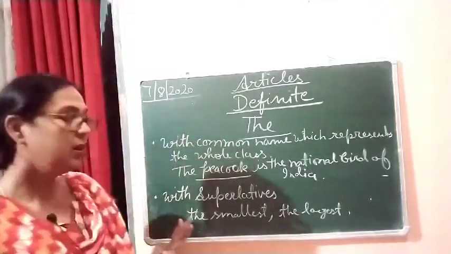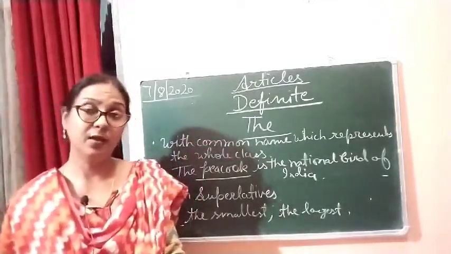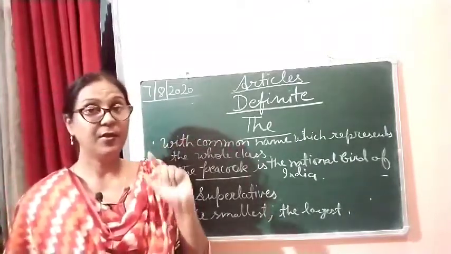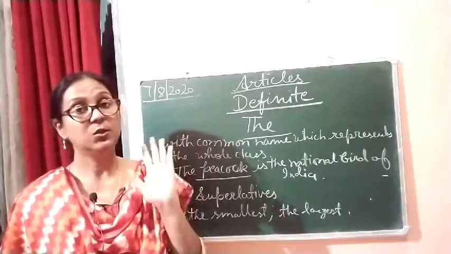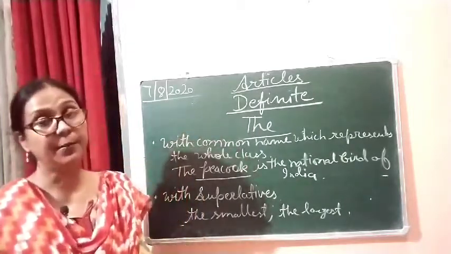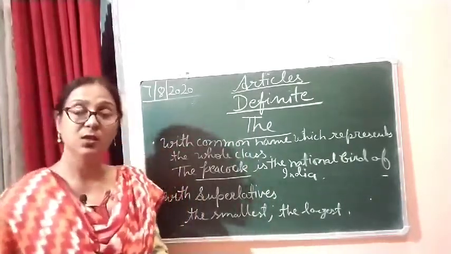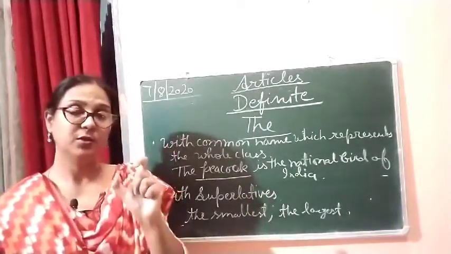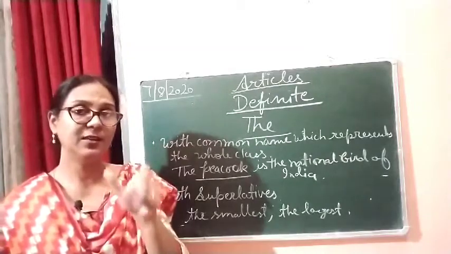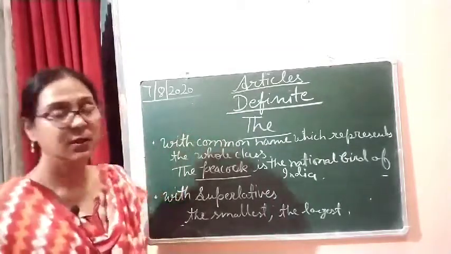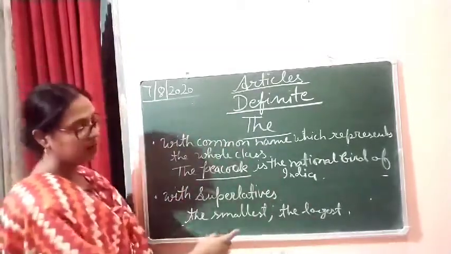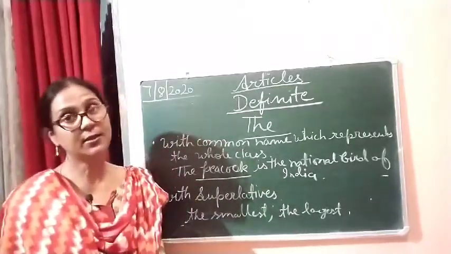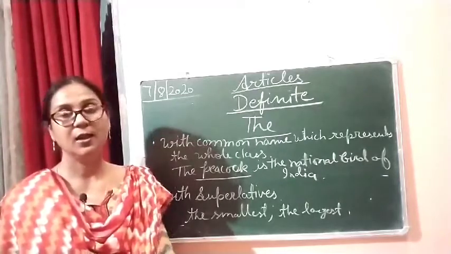Now we are moving to the uses of the with superlatives. Whenever we use superlatives, it means a degree of comparison. With superlatives, we put the before them. For example, the smallest, the largest, the longest, the shortest, the thinnest.